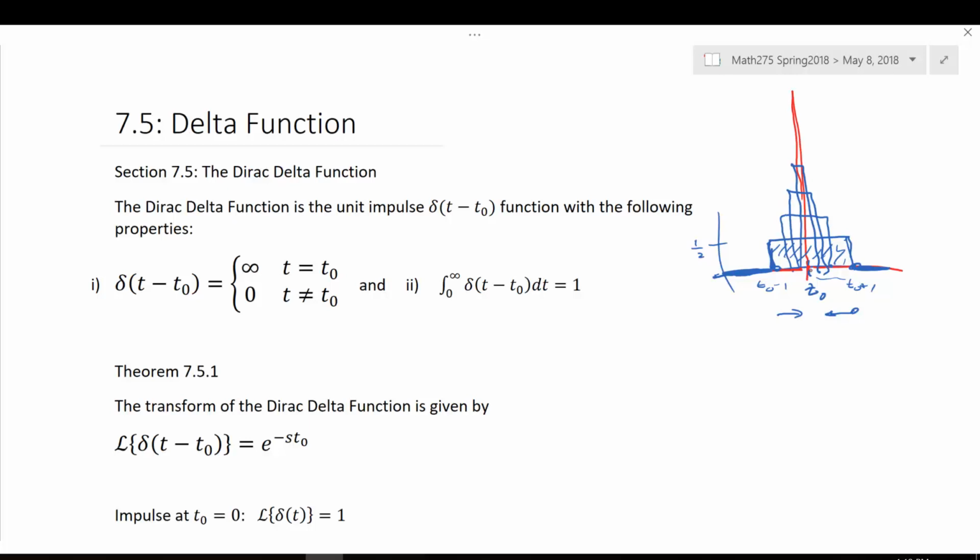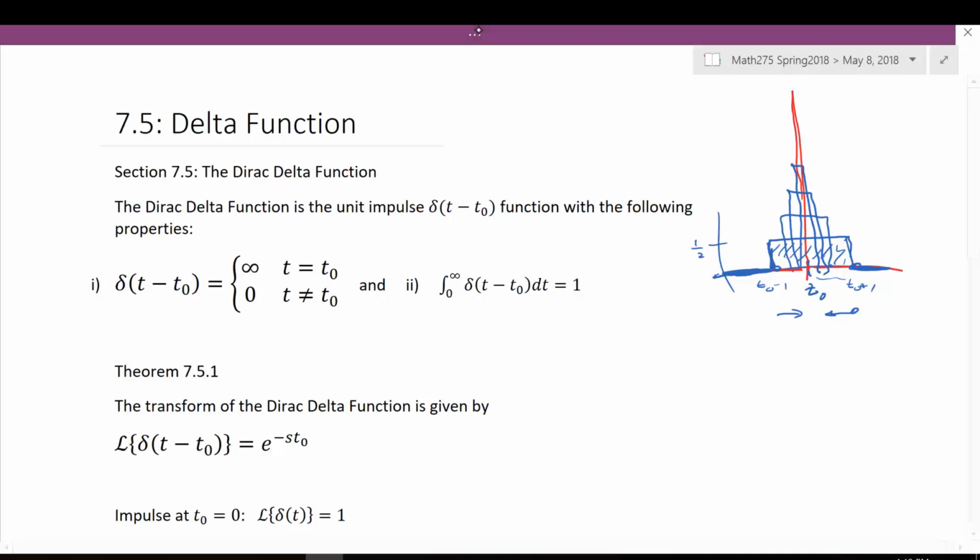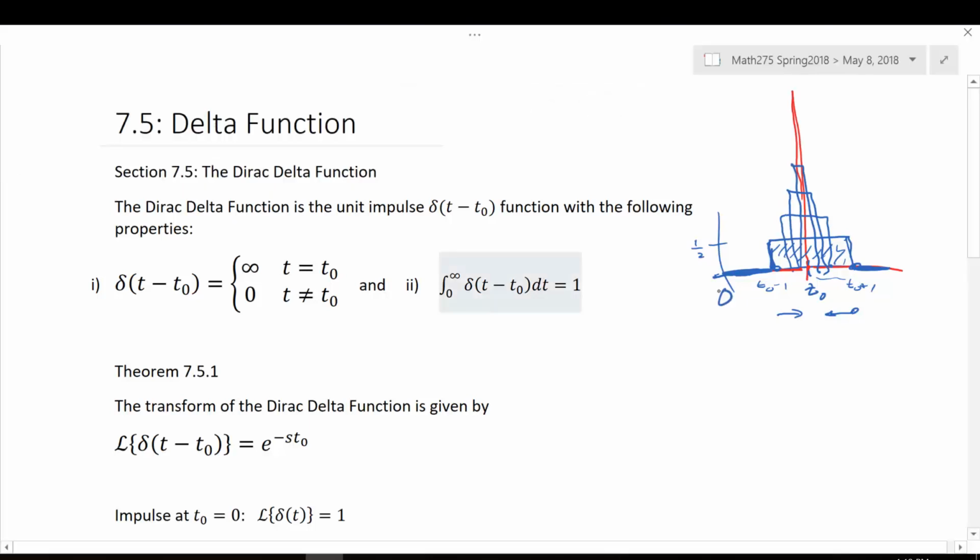The 0 to infinity just says that it's happening on the positive side. So some point t naught, so t naught is going to be some number that's bigger than 0. At some point t naught is when you're going to hit that mass in the spring.